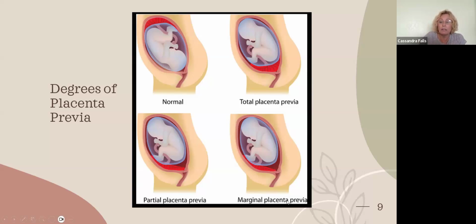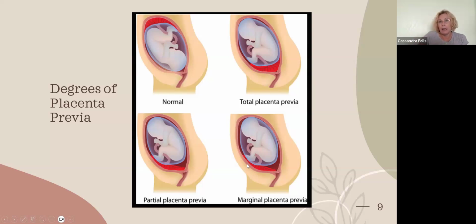A marginal placenta previa is the one that you're most likely to be able to deliver through. And again, it would be ideal if the baby's head was down, not a breech presentation. And as the cervix opened, this little edge of the placenta moves back with the opening of the cervix, and then the baby's head puts pressure against it, and you'll have minimal bleeding.